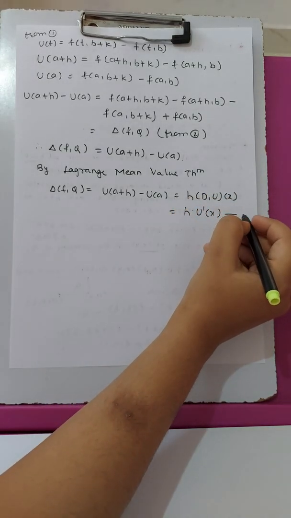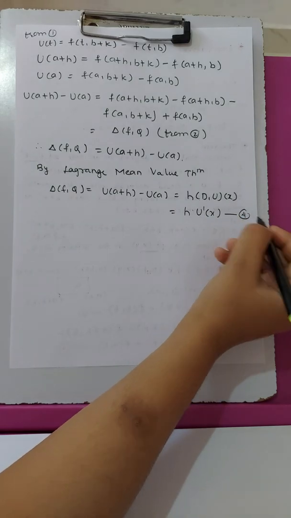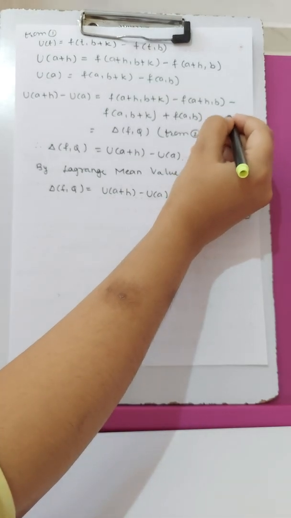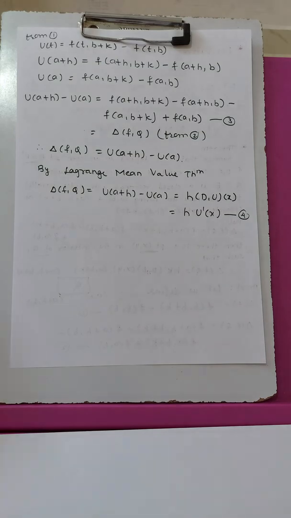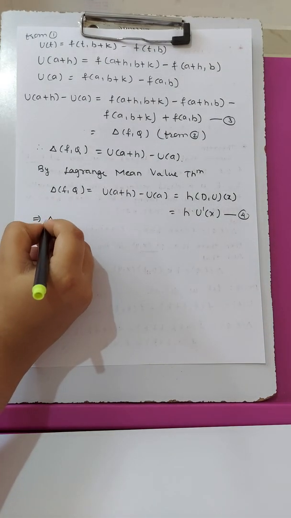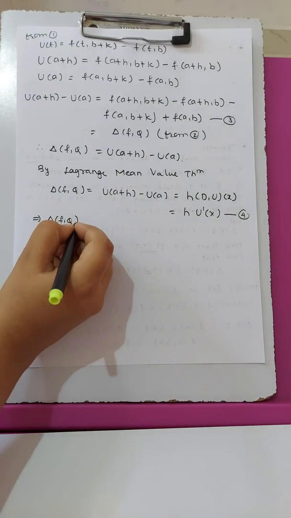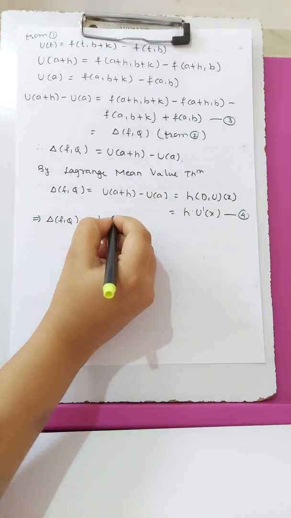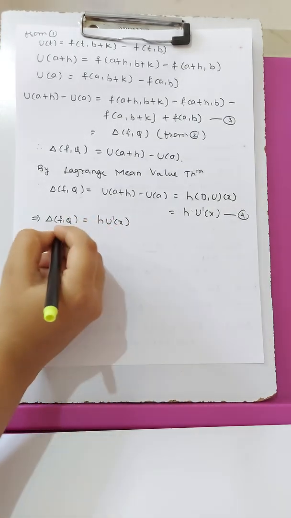Let it be number 3. So this implies that delta f(Q) equals h u dash(x).